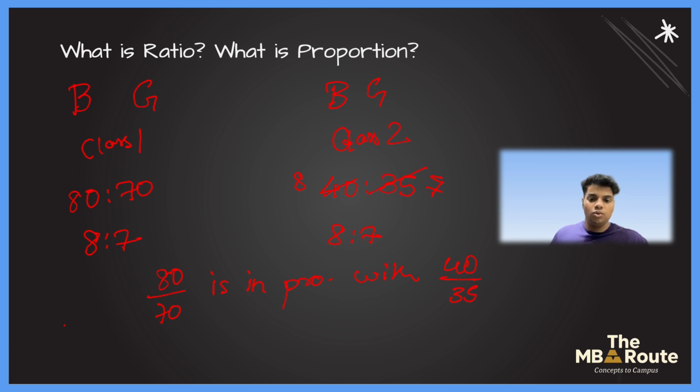A shortcut to do this is, let's say, the two ratios A by B, which is equal to, obviously in proportion to, C by D. Now, if the numbers are complex and you cannot reduce them, just cross multiply and you would get AD is equal to BC. If this condition is satisfied, then the two ratios are in proportion.